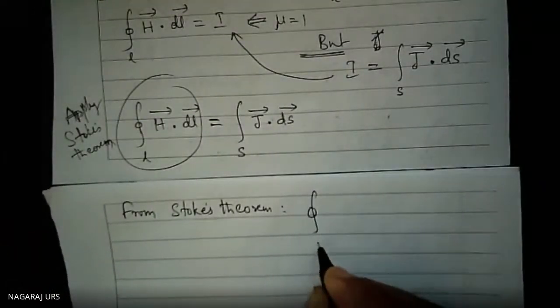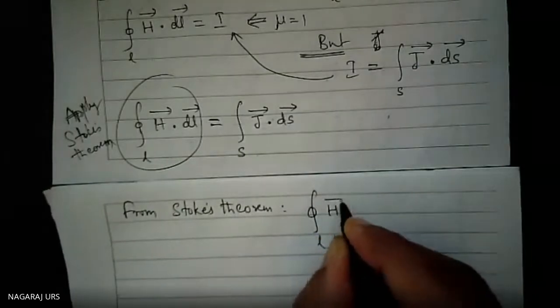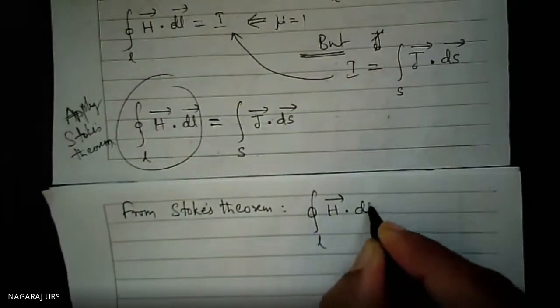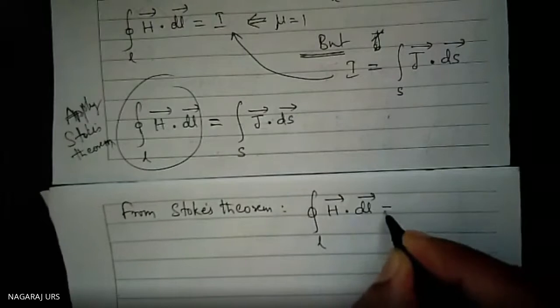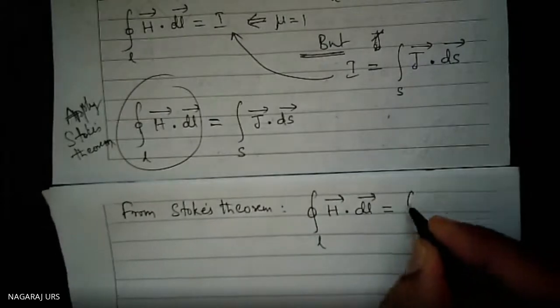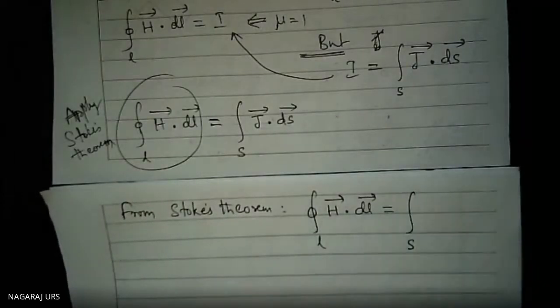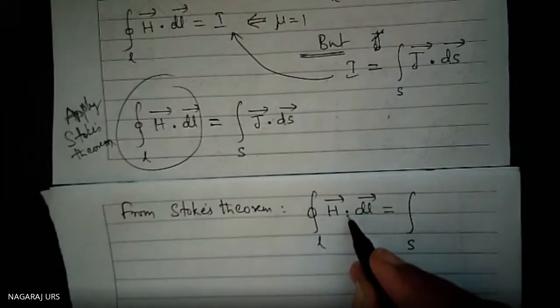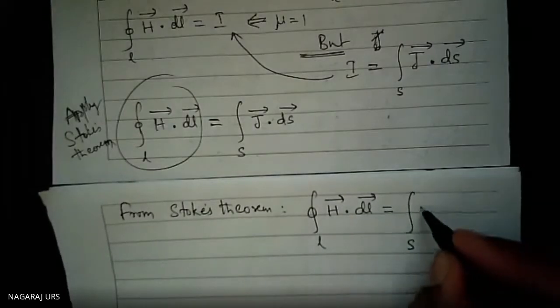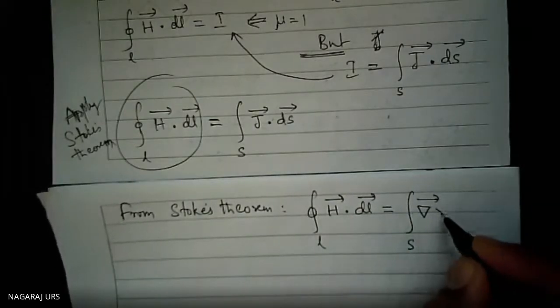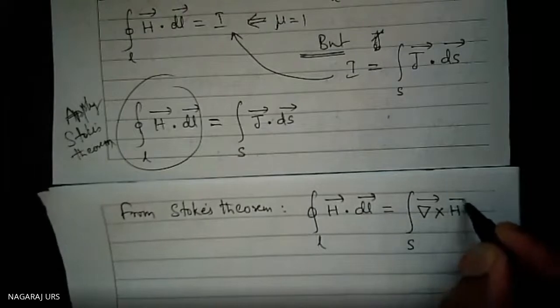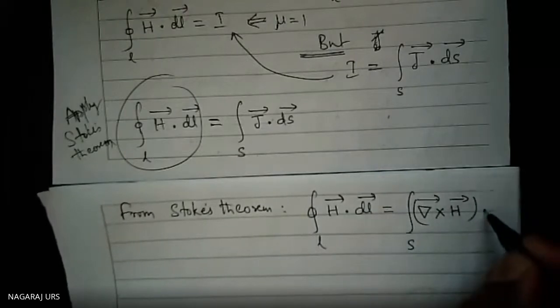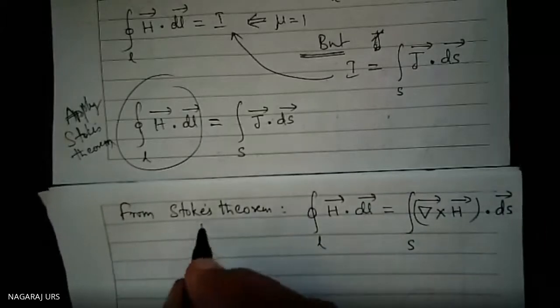From Stokes theorem, the line integral of H dot dl is equal to, converting into the form of the surface integral, the dot becomes cross here, del cross H dot ds. This is using the Stokes theorem.